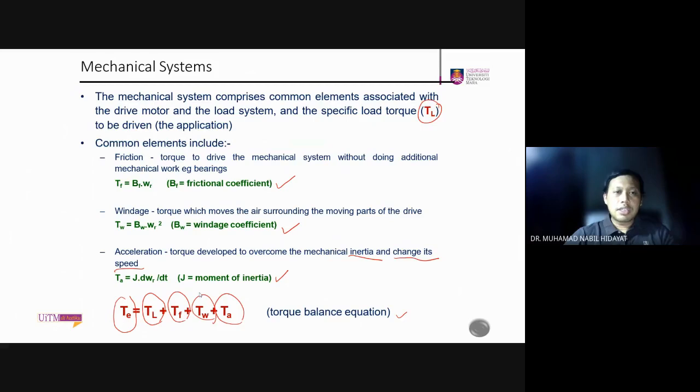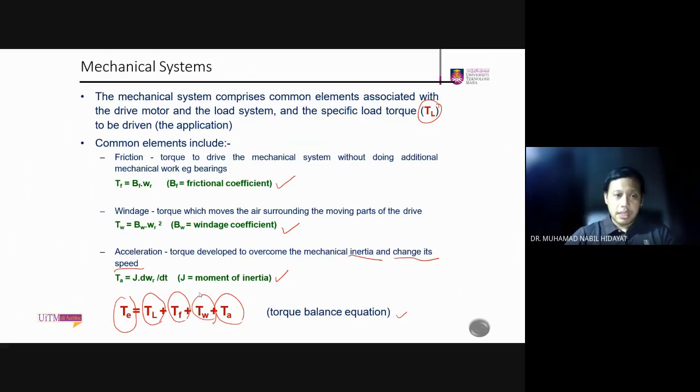Friction is the torque to drive the mechanical system without doing additional mechanical work. So you have friction in the surface and in the bearings, and that will be the equation. Also windage torque, which moves the air surrounding the moving parts of the drive, torque W, and that will be the equation.